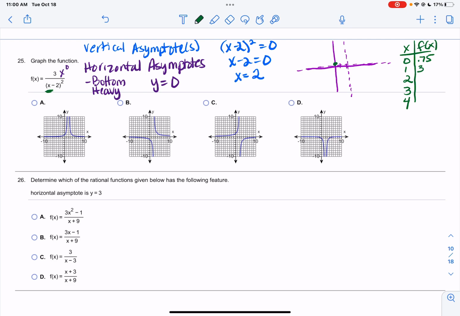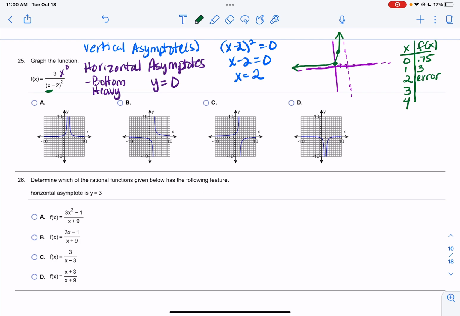So when x equals 1, y is equal to 3. Now the graph will approach positive infinity as it approaches x equals 2, and it will flatten out as you go to the left. If you were to put 2 into this function, you would get an error, and that is what's causing that vertical asymptote.